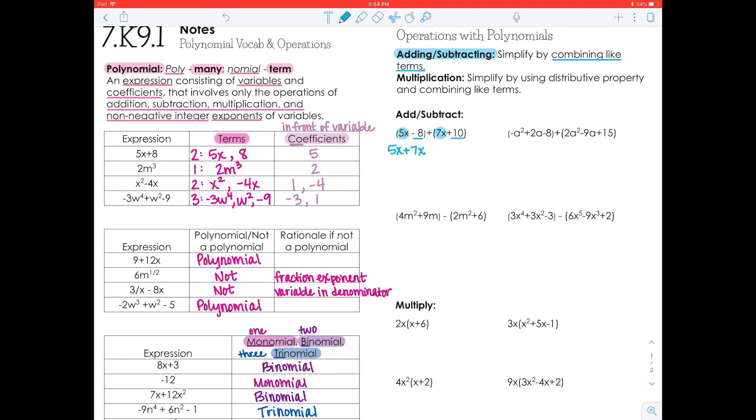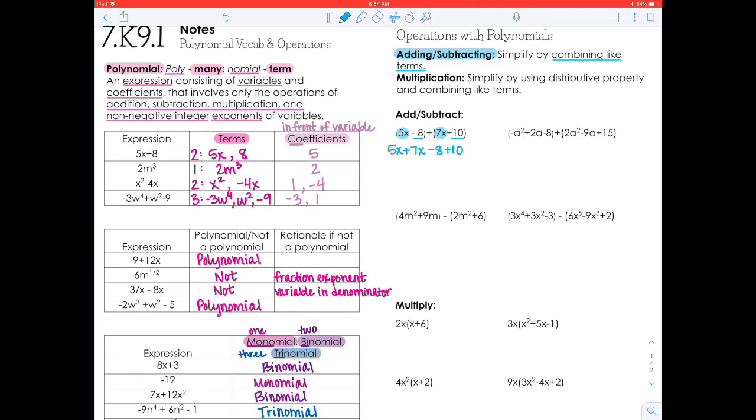So then let's take our constants. We're going to do negative 8. Don't forget that negative. And then plus that 10. That's a positive 10. So now we kind of have our terms grouped together, and it might be easier for us to combine them.